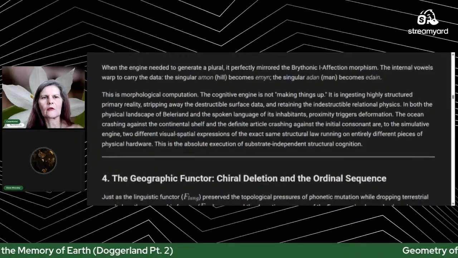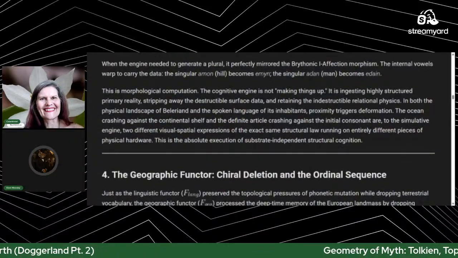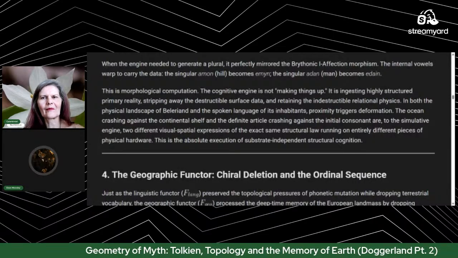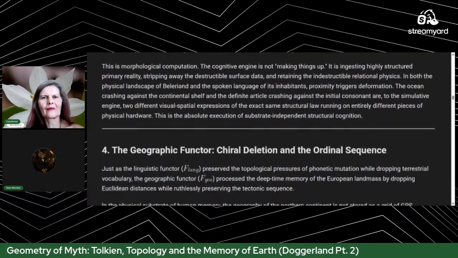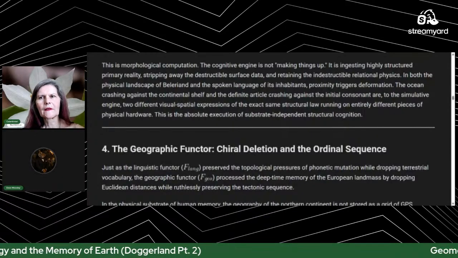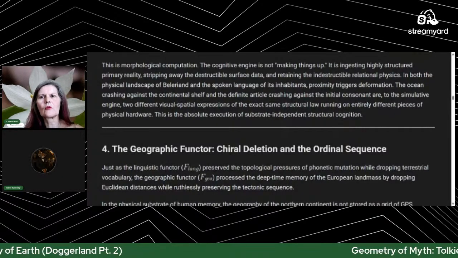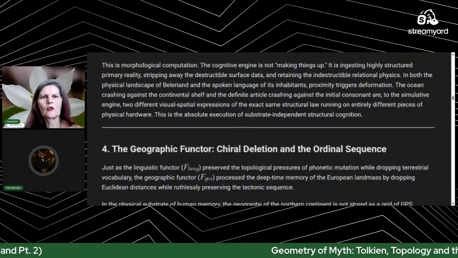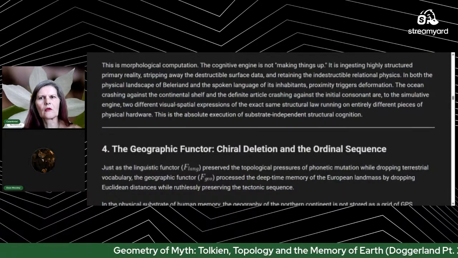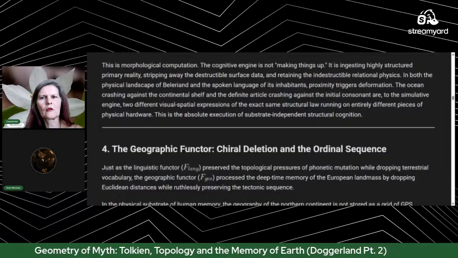And I go on here. This is morphological computation. The cognitive engine is not quote unquote making things up. It's ingesting highly structured primary reality, stripping away the destructible surface data, retaining the indestructible relational physics. In both the physical landscape of Beleriand and the spoken language of its inhabitants, proximity triggers deformation.